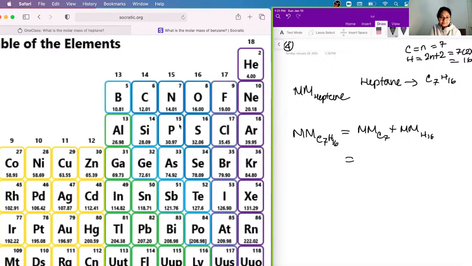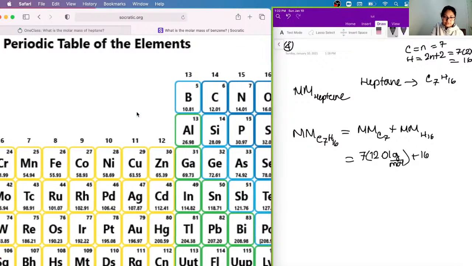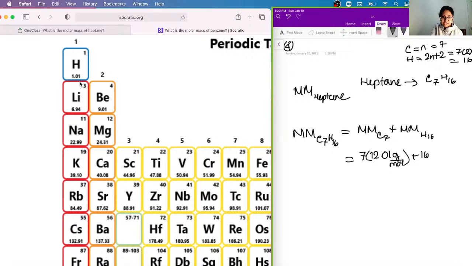Carbon is in group 4 and has a molar mass of 12.01. We have 7, so we multiply that molar mass by 7, plus the molar mass of hydrogen multiplied by 16, and we know that hydrogen has a molar mass of 1.01.